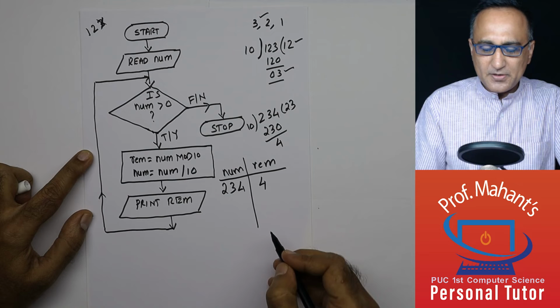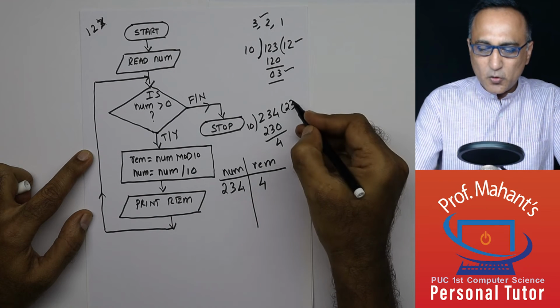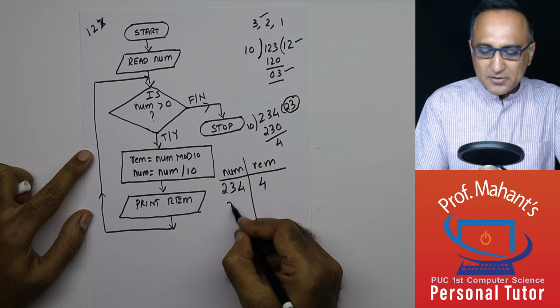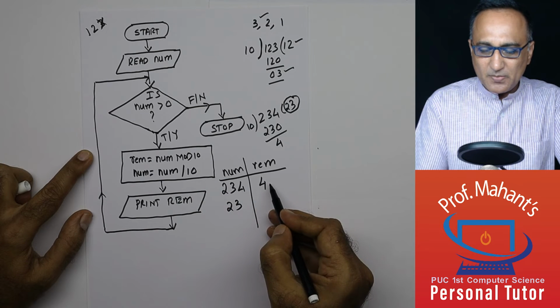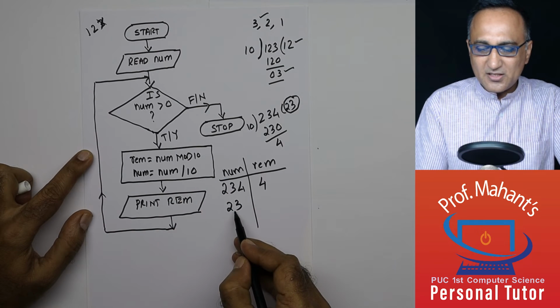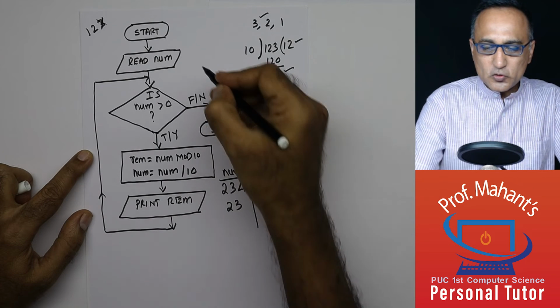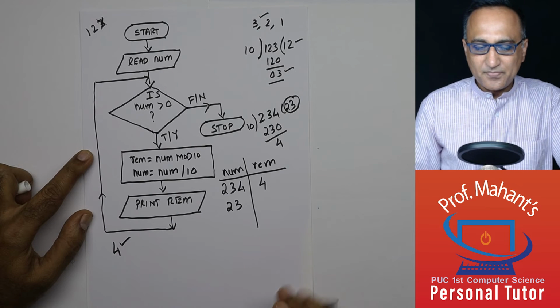So now remainder happens to be 4. Now when I take 234 and divide by 10, the quotient is 23. So the new value of number at this step is 23. In the first step, I get the remainder. In this step, since I'm getting the quotient, it happens to be 23. I am printing the remainder. So think of 4 being printed on your screen.